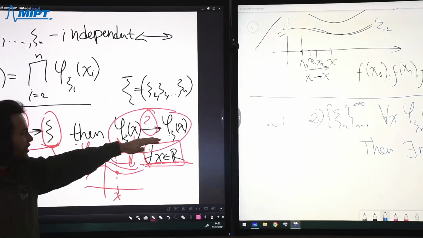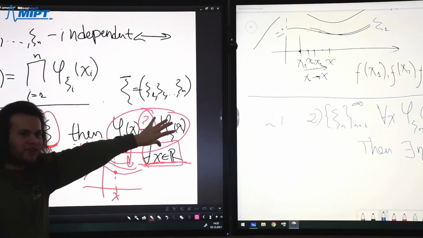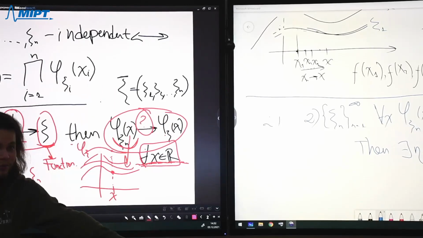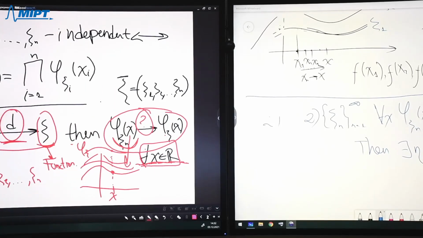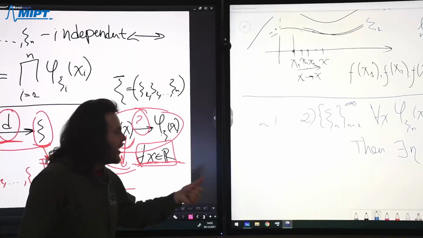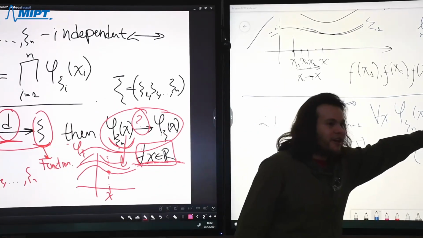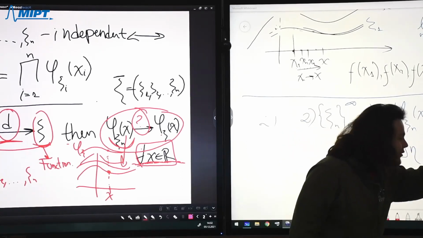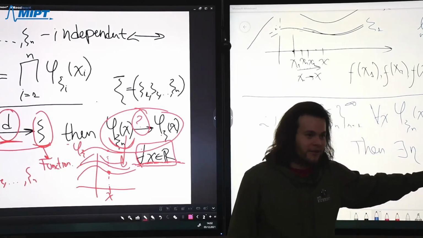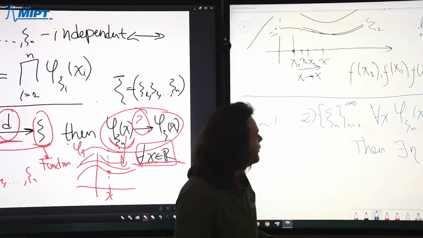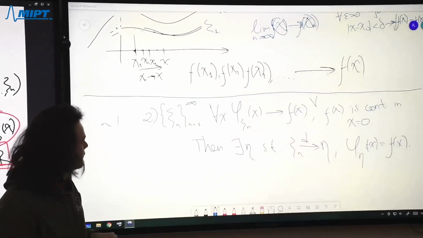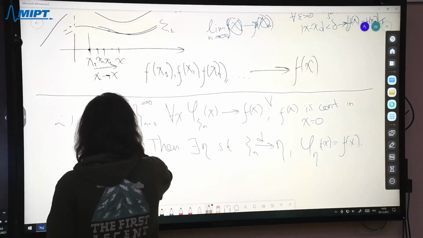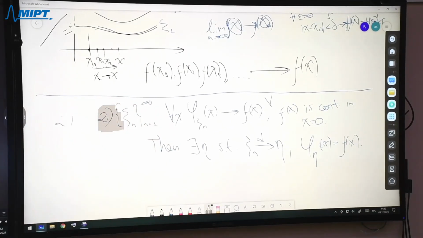If we know that this converges to some function, then it means that there exists some random variable such that psi n converges in distribution to this random variable, and this function that we have here is actually the characteristic function of the random variable that we are talking about. Okay? So this is the second part of the statement. And this is all that we need to prove the central limit theorem.